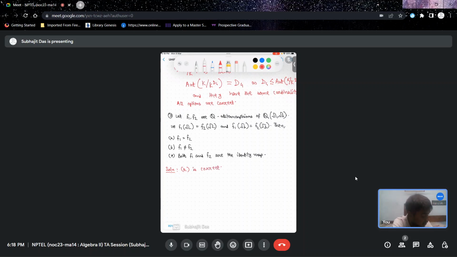Why? You take this automorphism F1 F2 inverse, which is an automorphism of Q(√2, √3) into, and hence since it's an automorphism, onto itself.